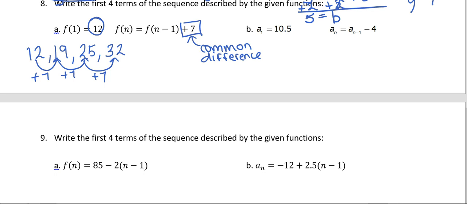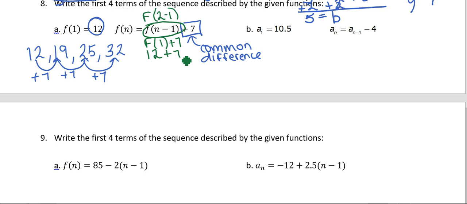Another way to look at this one is to look at the function notation. So if I was looking for my second term, 2 minus 1, I would end up with f of 1. So that means take my first term and add 7, which is 12 plus 7.